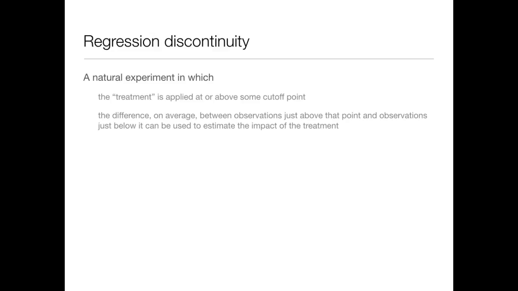It's a natural experiment in which you've got the treatment applied at or above some cutoff point, and that was the dashed line that we saw in the diagram in the previous slide, and one in which, if the treatment actually has an effect, you'll see that effect in a difference between the average values of the observations just above that point and the average values of the observations just below that point.